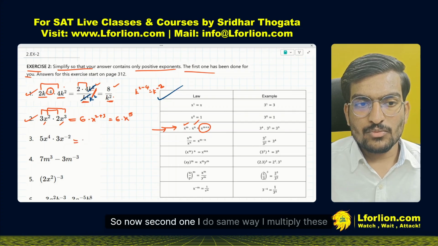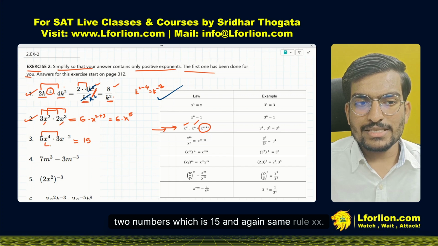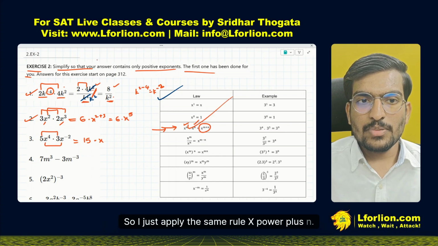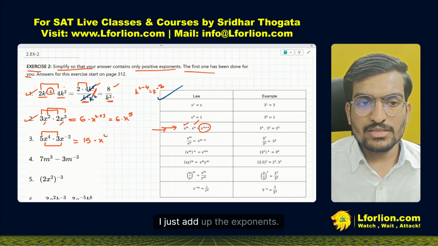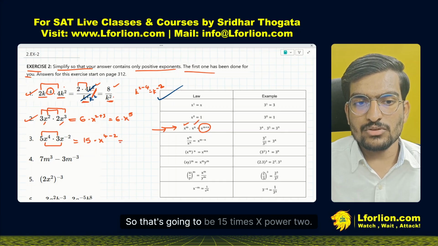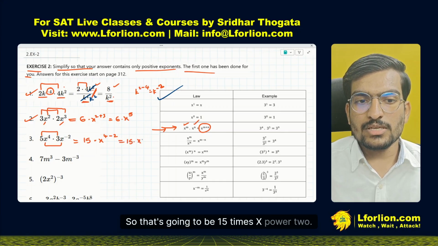Now the second one I do the same way. I multiply these two numbers, which is 15, and again the same rule, x power m plus n, because x is the same, I just add up the exponents. It's actually 4 and minus 2, so that's going to be 15 times x power 2.